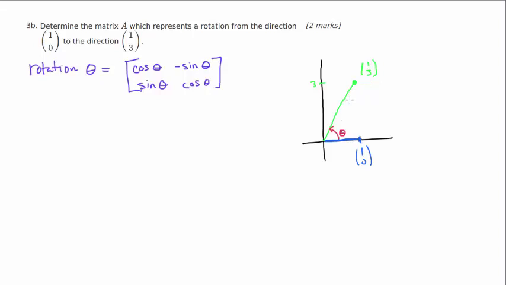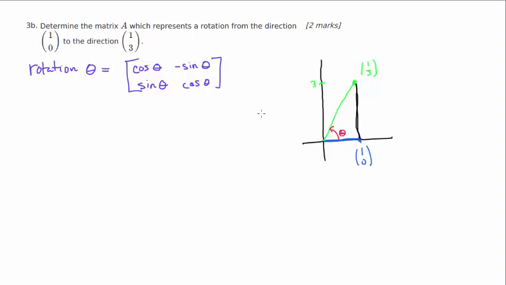The thing to recognize here is that this is a right triangle that we're looking at. And so I'm looking at cosine theta, and this is the angle theta that my (1, 0) rotated up to the direction of (1, 3).